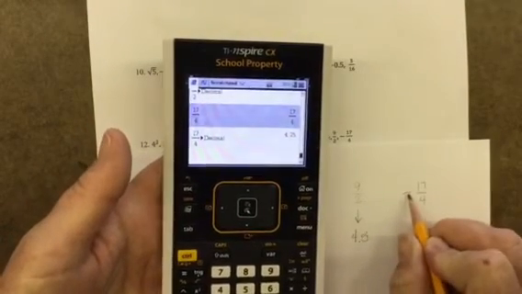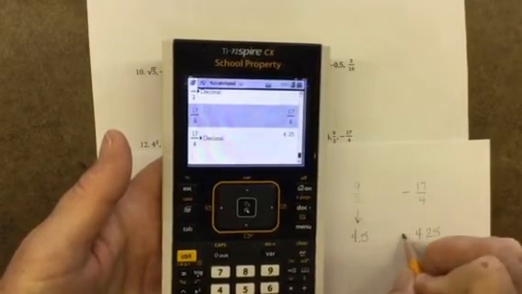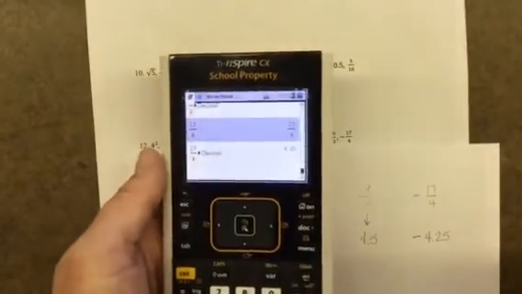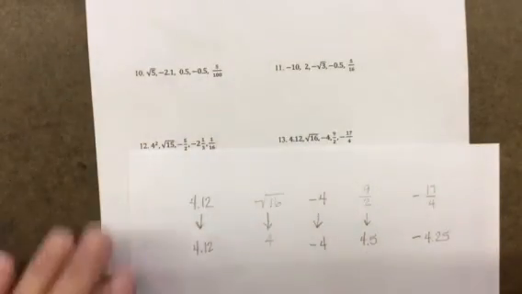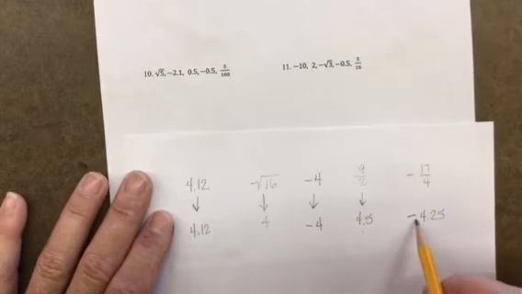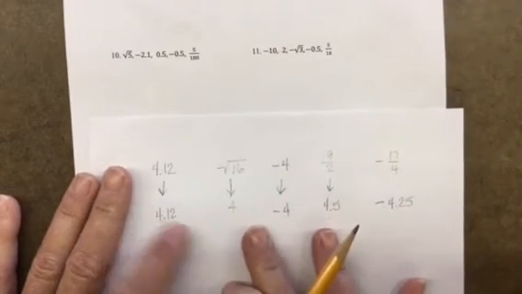Now I could have put the negative in with the problem, and it would have just added the negative. But I just went ahead and did the fraction without putting that in there, and I just added it at the end. Okay, so when you have negatives, we start with the negatives first, because remember that we're going from least to greatest.